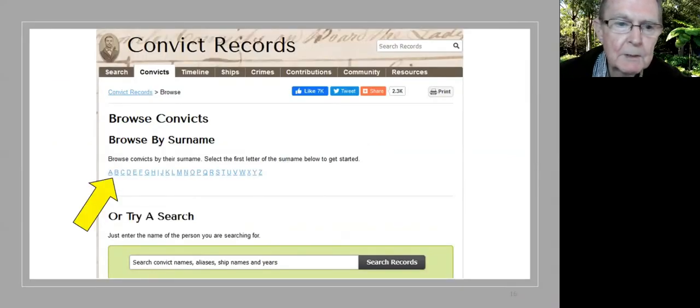So when we search initially, the alphabet pops up and we're searching for B for Barkworth.